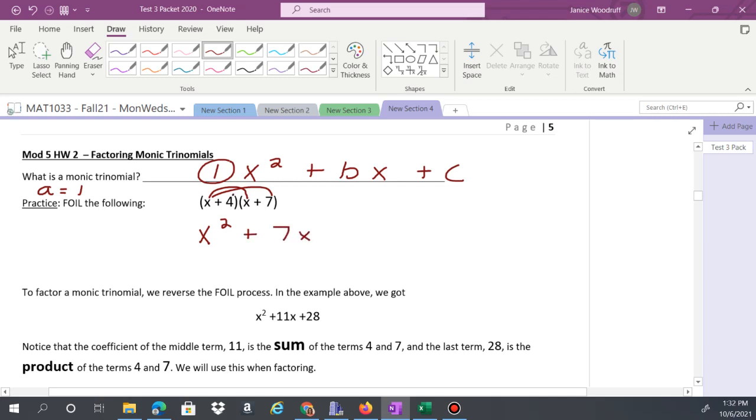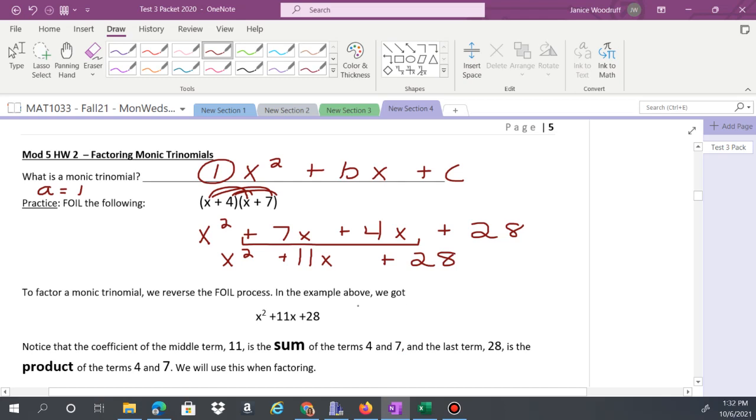Our inside terms, 4 times x, 4x. And then our last terms, 4 times 7 gives us 28. Then I combine my like terms and get 11x. So if I FOIL this, I get x squared plus 11x plus 28.